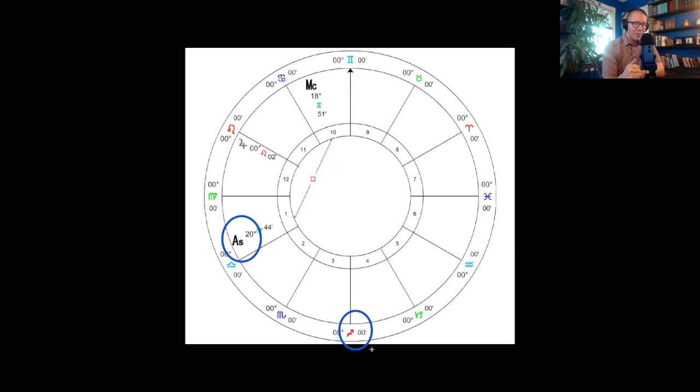In that case, what was really interesting about it was this individual, after they lost their father when they were young, who died in an accident, they had a little bit of a problem with alcohol. And it wasn't a little, it was a big problem for a while. And then they got into recovery and then ended up working in healthcare. And it was Jupiter, and their father was also a teacher.